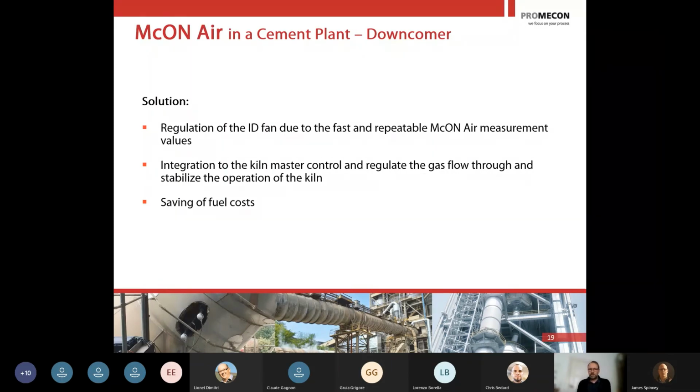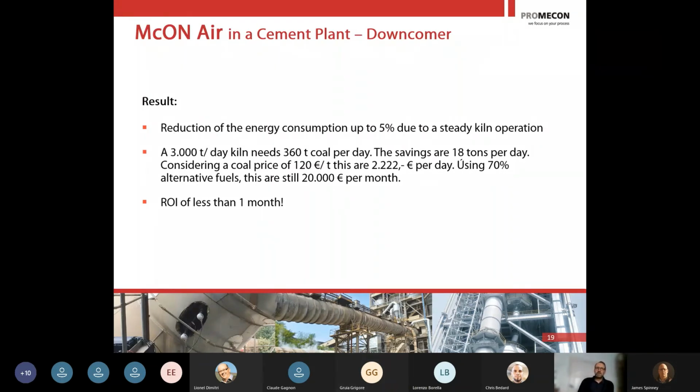And if you have a more repeatable measurement of the flow, then you can save your fuel costs. So the reduction of the energy consumption might be up to 5% in steady kiln operation.